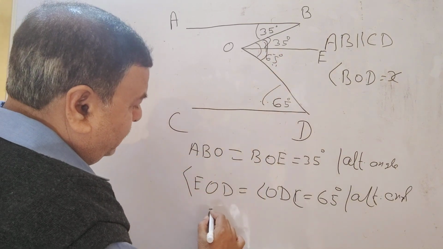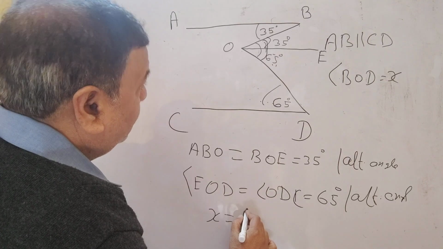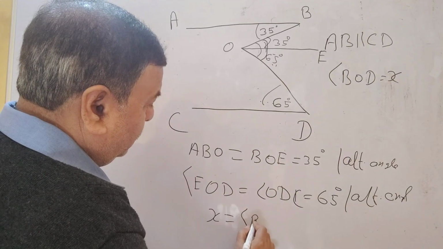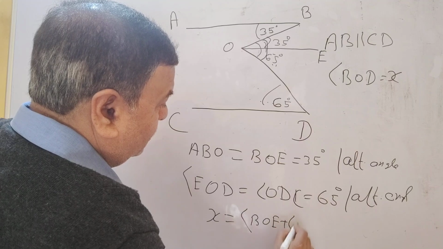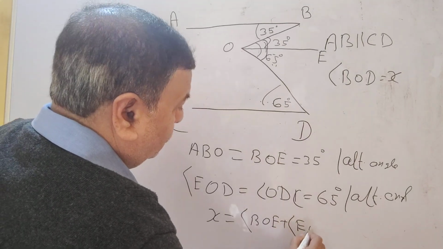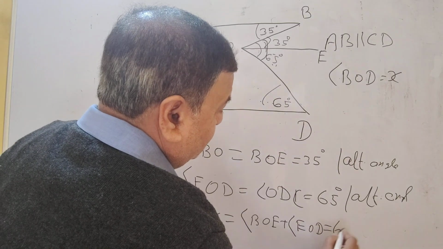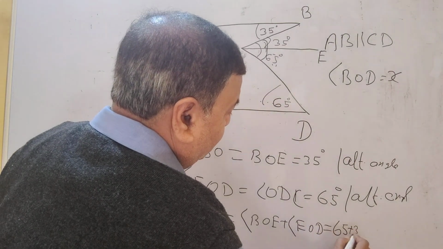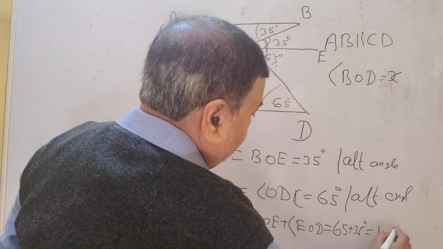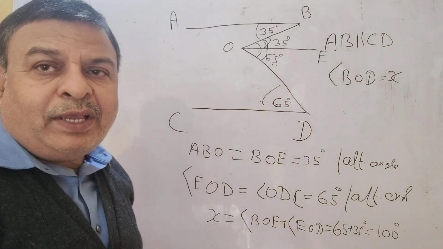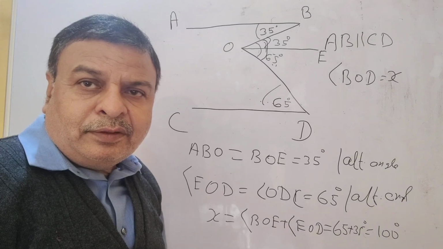So what will be our x? X will be BOE plus EOD is equal to 65 plus 35, that is 100. So x is 100. Is that clear to you?